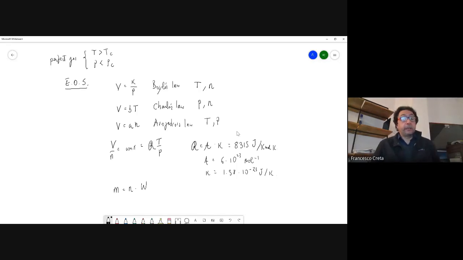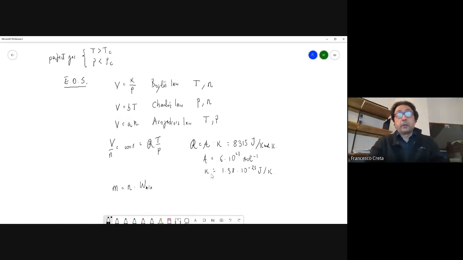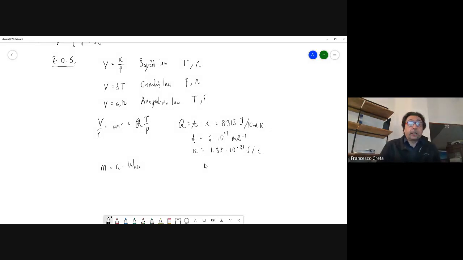This could be, for example, the molecular weight of the mixture, the average molecular weight depending on the composition, but it could also be for a pure substance, just the molecular weight of that pure substance. And remember that the molecular weight has units of gram per mole, so if you multiply by the number of moles, you have grams.